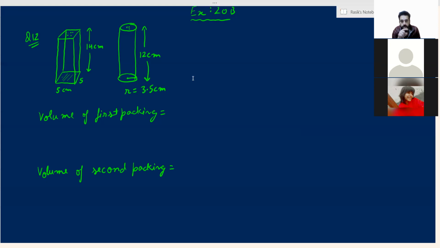The height of the first packing is 14 centimeters. It is marked in the figure which is there on the screen. Everything is marked in the figure: radius, height, length, breadth of the cylinder, height of the cylinder, everything.